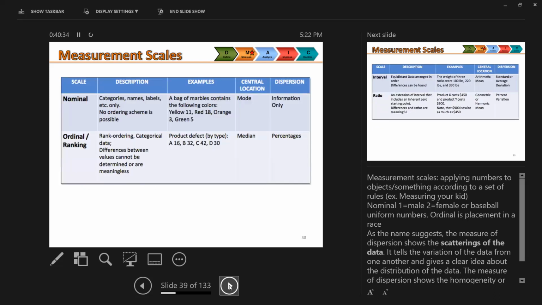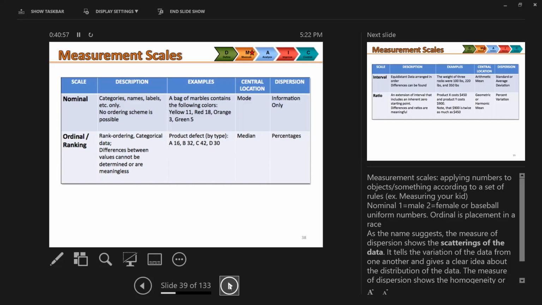And measurement scales, a couple of them here. We're probably going to go through 4 of them. One is a nominal scale, which is categories, names, labels. There's no ordering scheme possible. Some examples: a bag of marbles contains the following colors: 11 yellow, 18 red, 3 orange, 5 green.